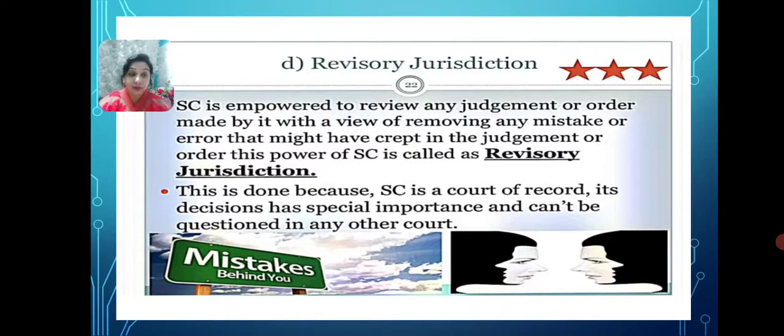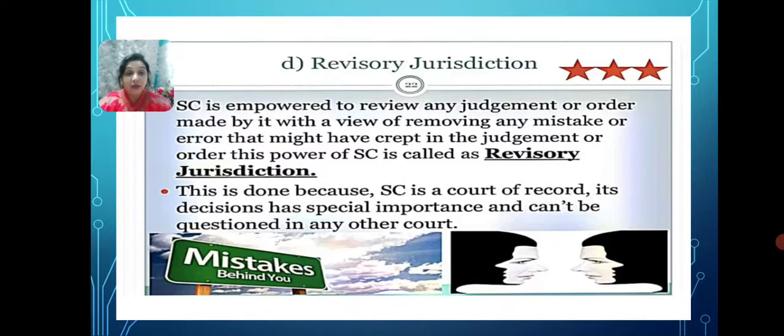This power of the Supreme Court is called revisory jurisdiction. Revise, its very word and term is related. You are asked to revise your lessons. What do you mean by that? Revise your lessons means you will be rereading it, restudying it, trying once again to find out the things and get clarification, right?